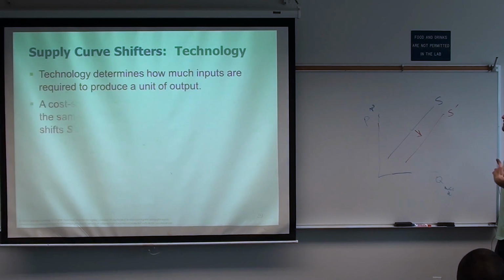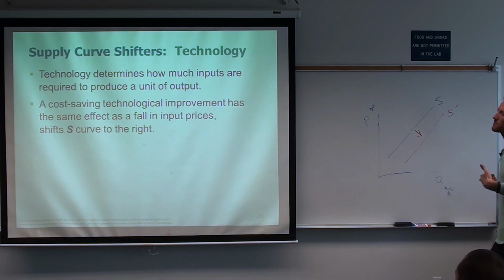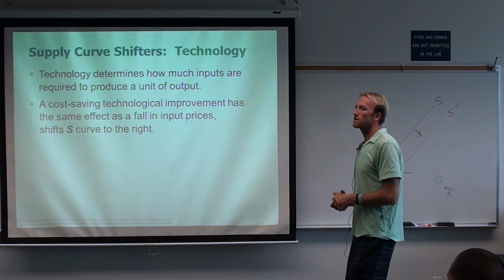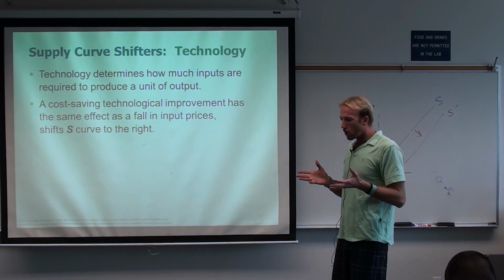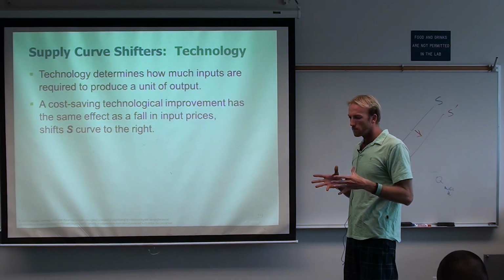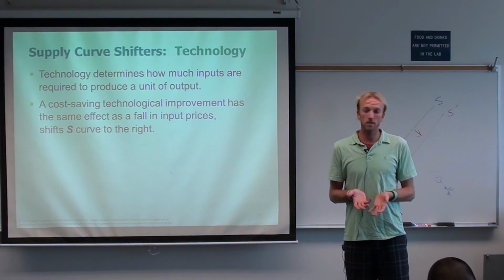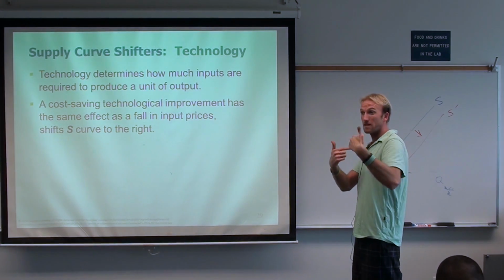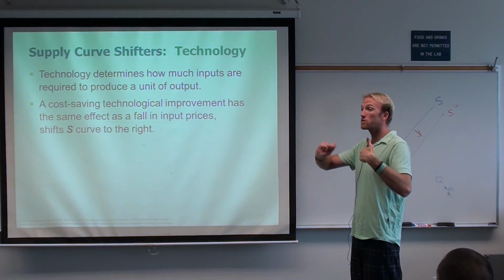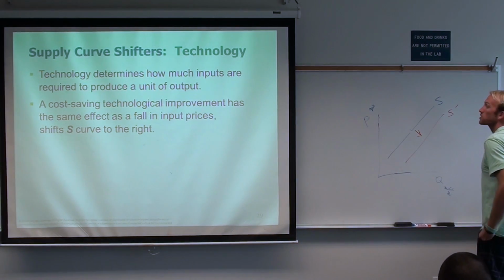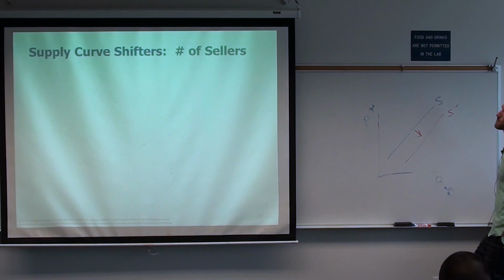So imagine there's some cost-saving technological improvement. We learn to make Starbucks lattes with less milk, for example. That saves me money as Starbucks. So at any price that the marketplace tells me, I can produce more lattes. So my supply curve shifts to the right.